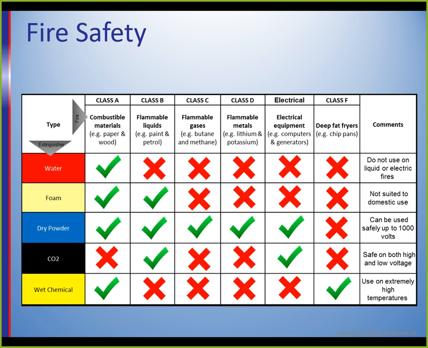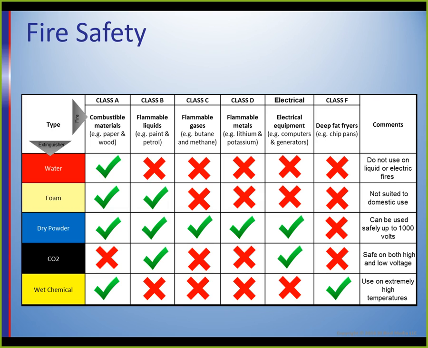This is the fire safety. And I know that a lot of you have probably had firefighting courses. You've gone to training. But we have the class A, B, C, D classes of fires, and electrical, and then class F. Some of them have been added since the last time I went to firefighting school.